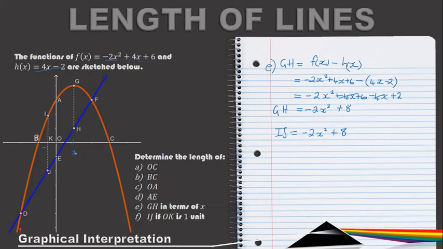So IJ will be equal to, if I substitute in negative 1 for my x value, minus 2 times minus 1, which gives me the distance between the two lines at x equal to minus 1. So we have minus 2, and then minus 1 squared is plus 1, plus 8. This gives me minus 2 plus 8, which is equal to 6 units.